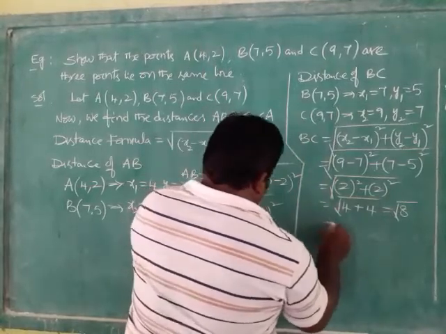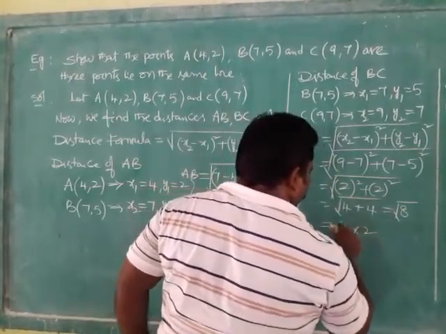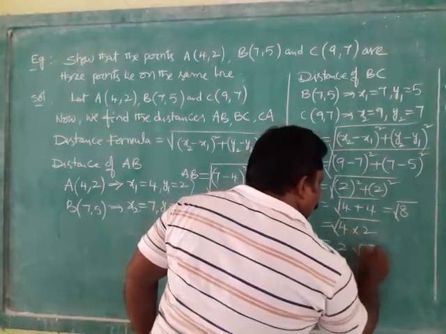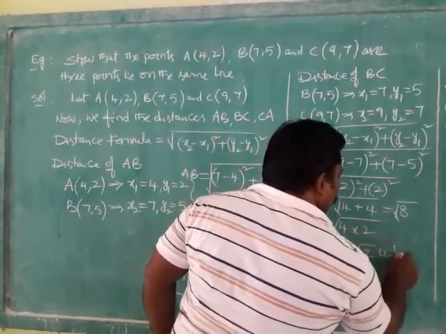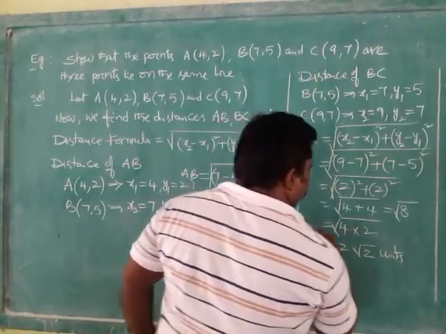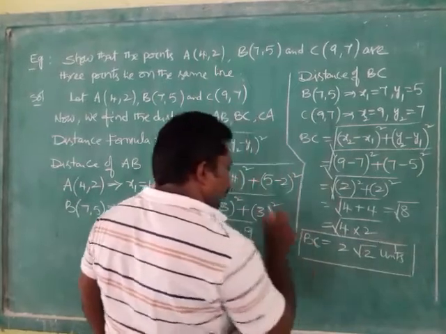Root 8 can be written as root of 4 into 2. The square root of 4 is 2, so root 8 is 2 root 2 units. That is the BC distance.